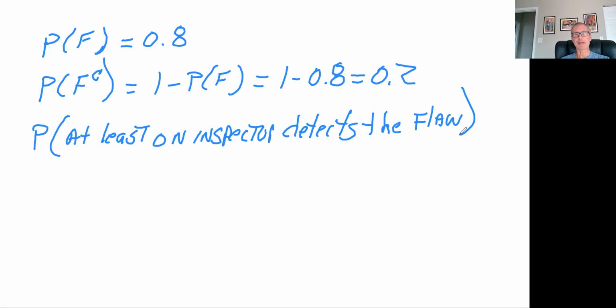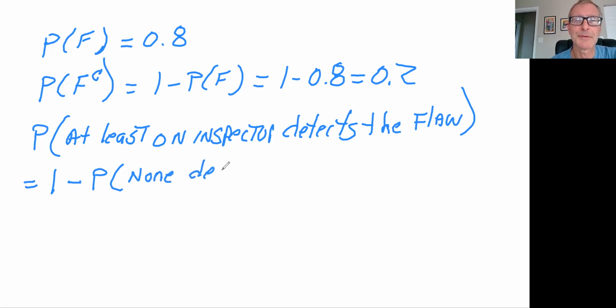Well, at least one, and this shows up quite a bit, especially, like I said, in the weather probability calculations for the 100-year floods and 100-year rains, etc. This is the same as 1 minus the probability of none of the inspectors detecting a flaw.